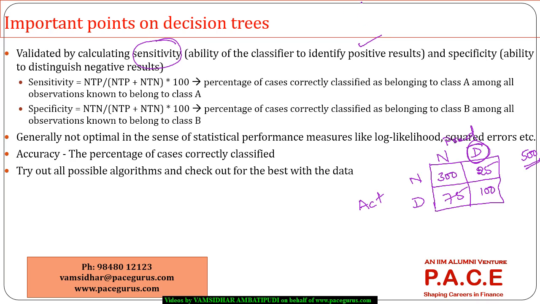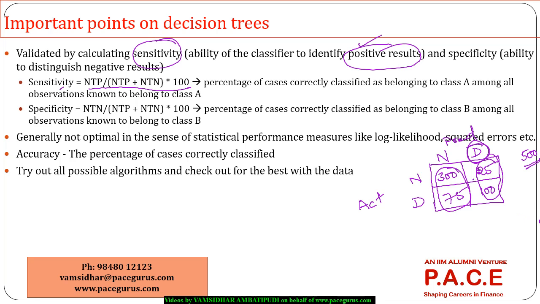Now, to what extent is it able to identify the positive results. So this is my prediction of positive results. And specificity is to what extent it's able to identify the negative result. So the sensitivity typically is measured as the number of true positives.